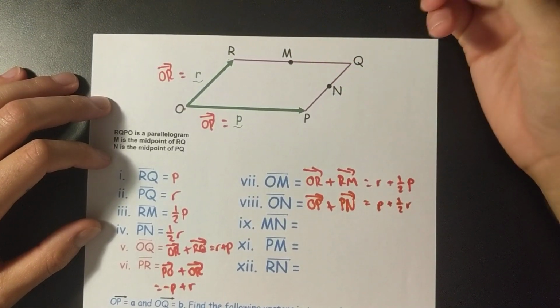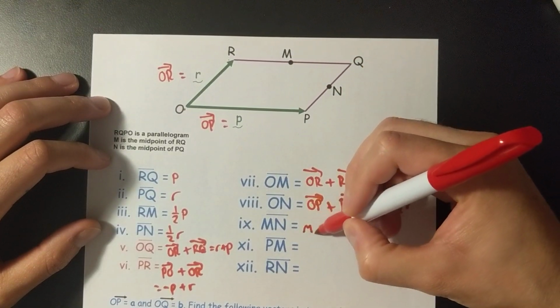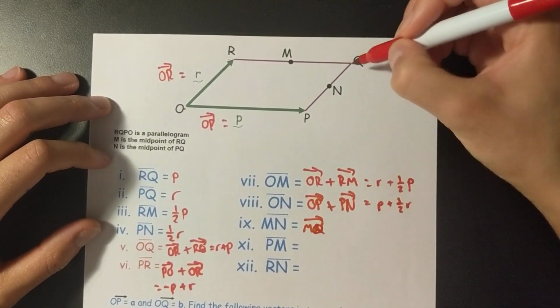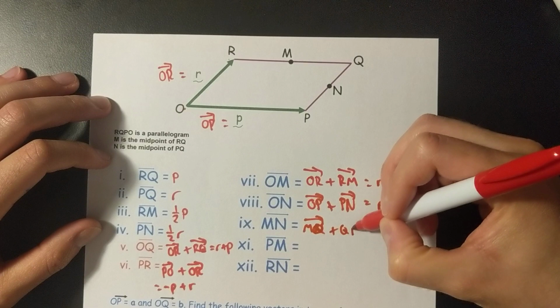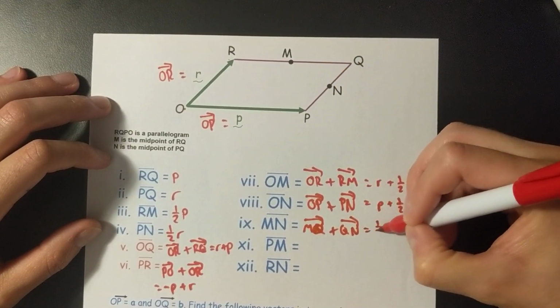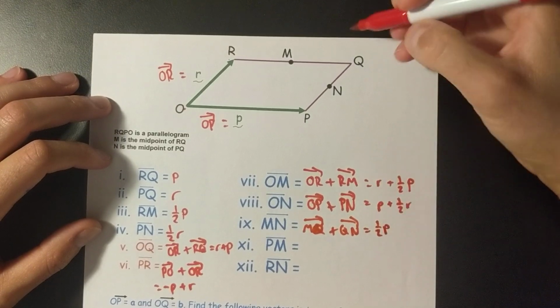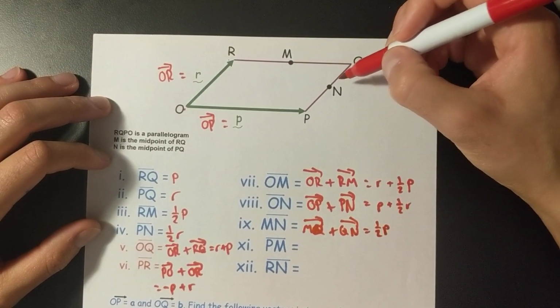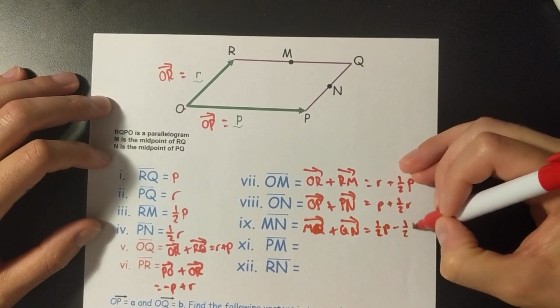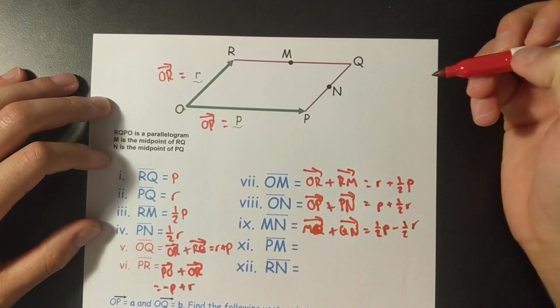M to N. Ooh, well, M to N is me going from M to Q, and then Q to N. So M to Q is half P, and Q to N is going to be negative a half R. So I'm going in that opposite direction.